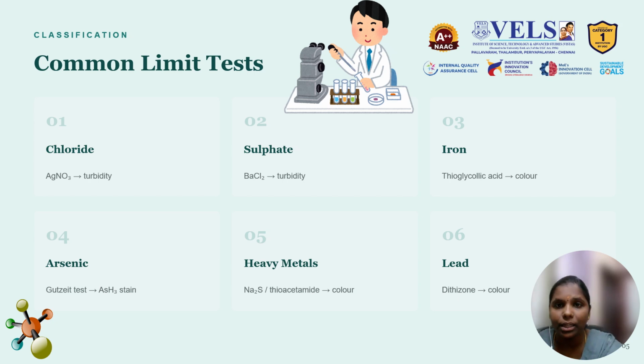Arsenic is tested by the Gutzeit method, and heavy metals react with sodium sulfide or thioacetamide also. Lead is tested using dithizone. In today's presentation, we will focus mainly on chloride, sulfate, and iron because these are frequently asked in examinations and also commonly performed in laboratories.